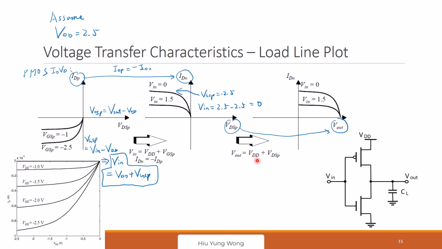So all I need to do is just shift the whole thing to the right by VDD. Then I get this curve. But now you see that the y-axis is ID, the x-axis is V out. Is this okay?